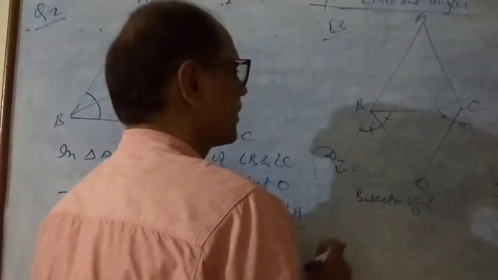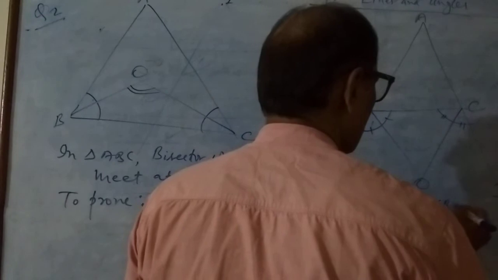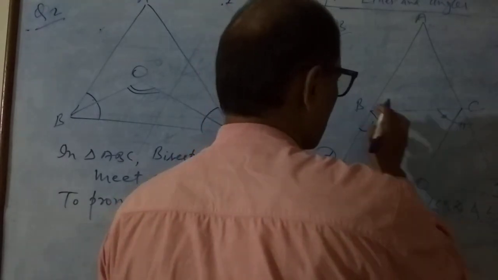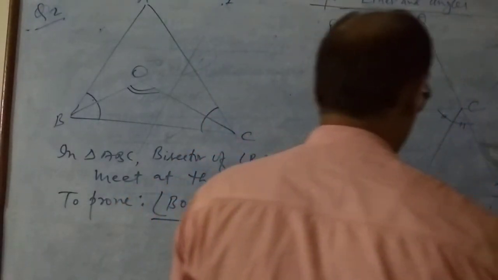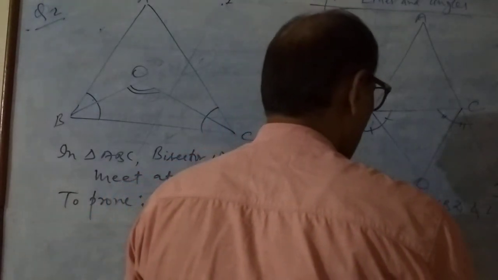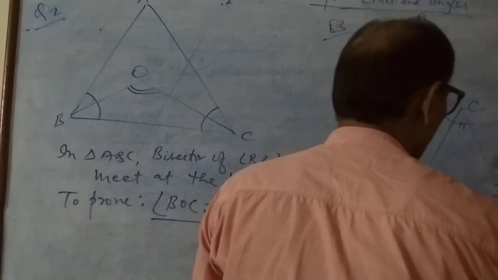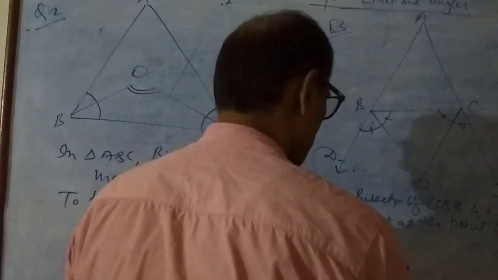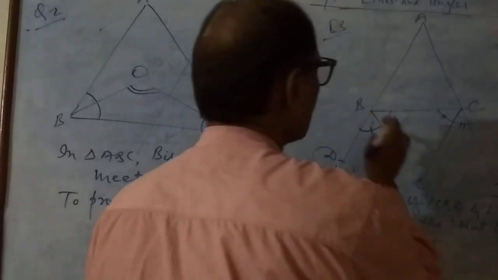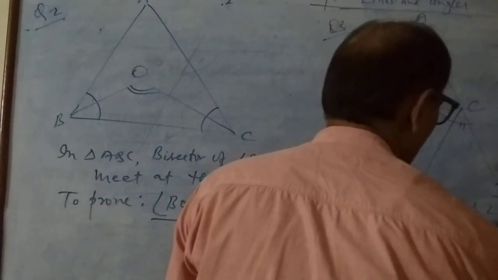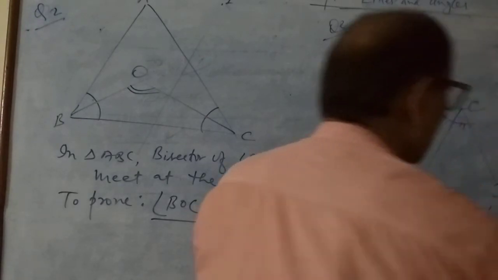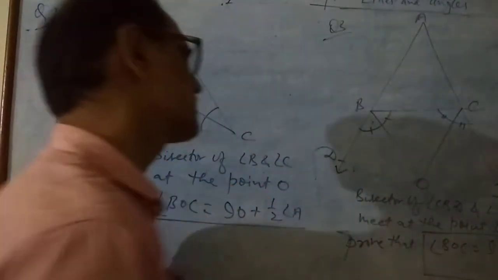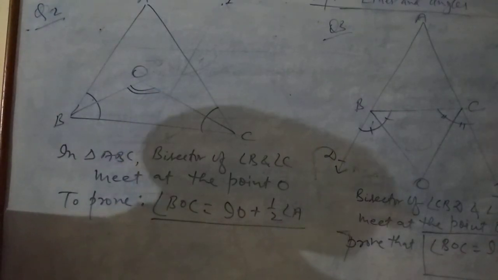Prove that angle BOC is equal to 90 minus half angle A.